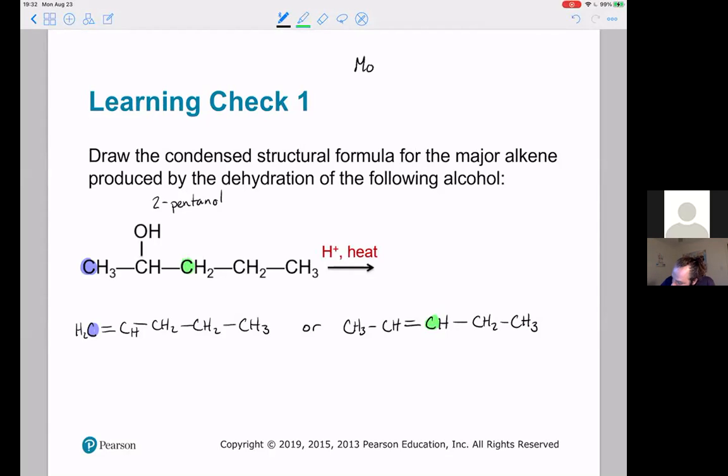Again, the more highly substituted carbon gets the double bond. By more highly substituted, I mean the carbon that has more carbon neighbors. So my green carbon has 1, 2 carbon neighbors.